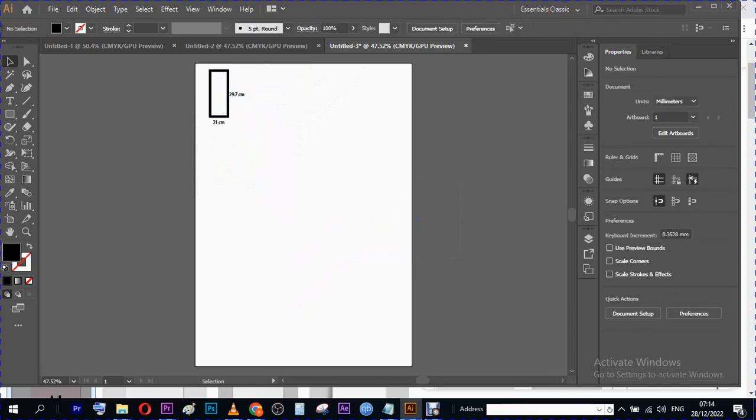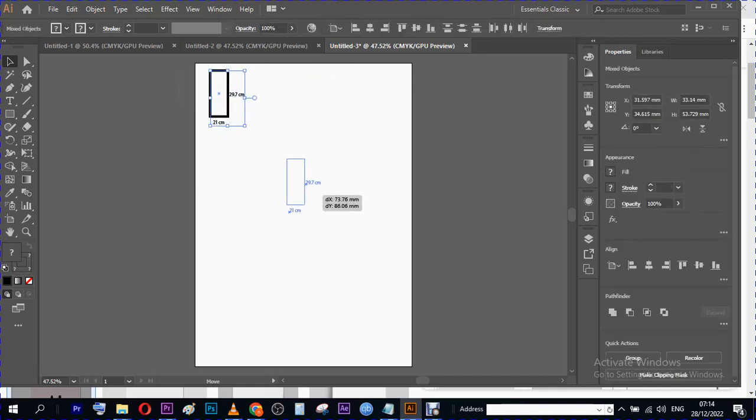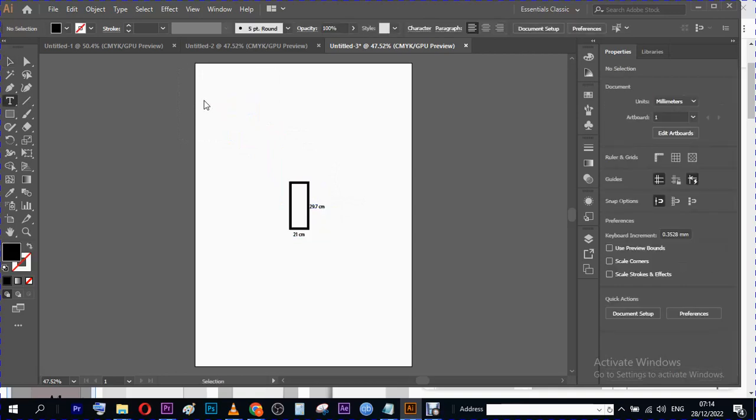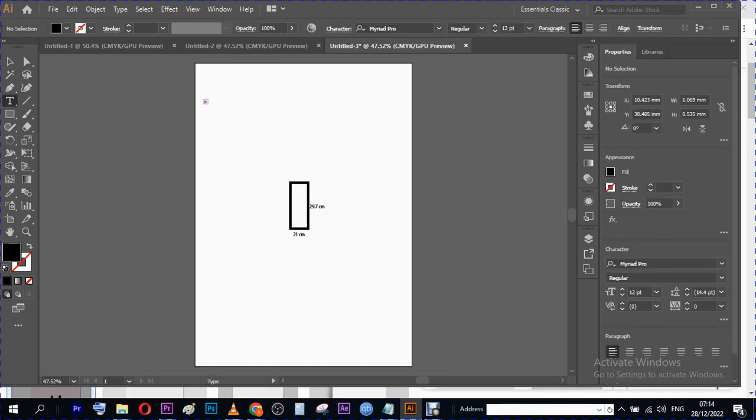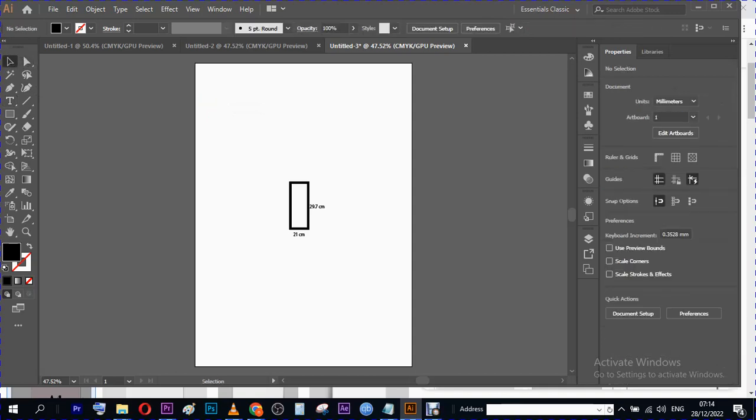So this is our A4. If I drag this A4 in the middle, what should you understand? There are different paper sizes that are used in the printing world. Let me duplicate this.